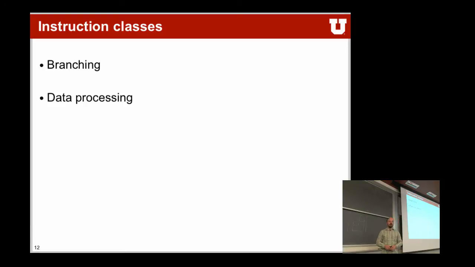We talked last time about instruction classes. We have the branching, jump around in your code to go and execute different things. So basically you write into the program counter to where the next address should come from. We have data processing, anything that you want to do with the data in the registers, so you can add, subtract, multiply, compare, OR, XOR, and stuff like that.